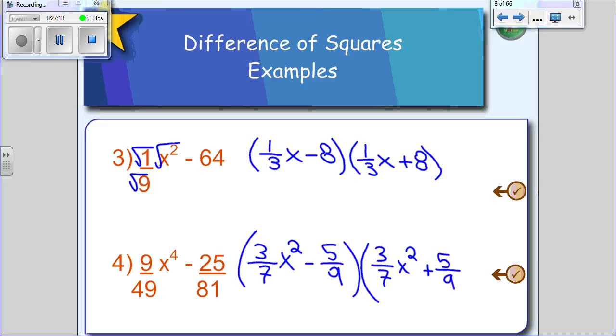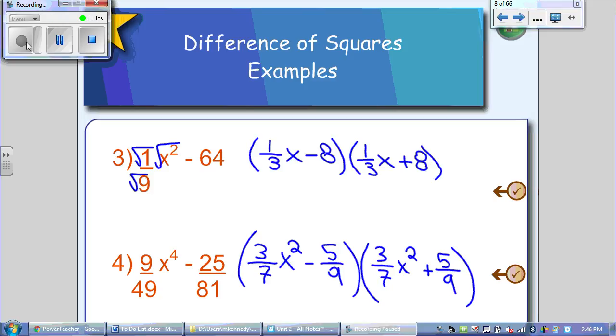All you had to do was square root each individual thing, right? Square root of 9, square root of 49, 4, 25, 81. And all those were perfect square numbers. So it worked out really well for us.